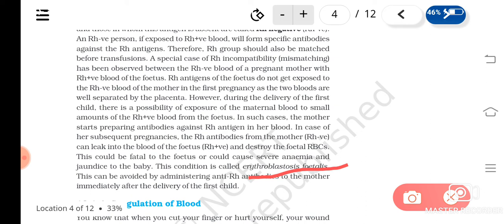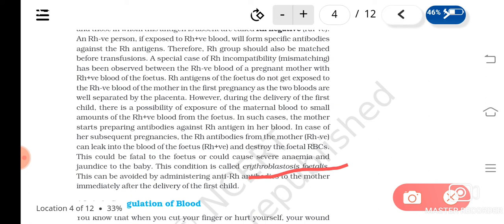So that results in what? When the blood gets mixed, the mother's body will recognize the Rh factor as an antigen, and it will start producing antibodies.